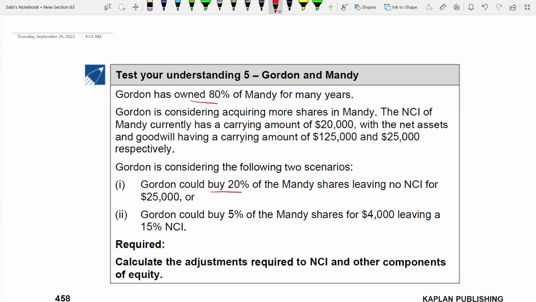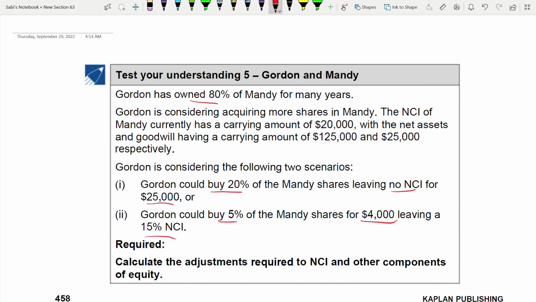If you're having entirely 100%, there is no NCI. You're buying for 25,000. Second, you could buy 5% for 4,000, leaving an NCI of 15%. Why? Because at 80, NCI is 20%, and if you're buying 5% more, that means 85%. At 85%, NCI will be 15%.